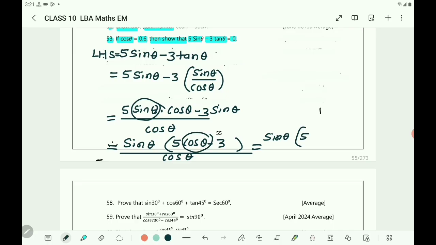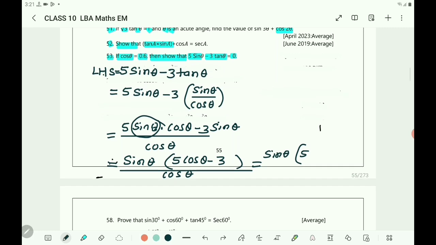And what is the value of cos theta? Cos theta is given as 0.6. So in the place of cos theta, write 0.6 minus 3 by cos theta.